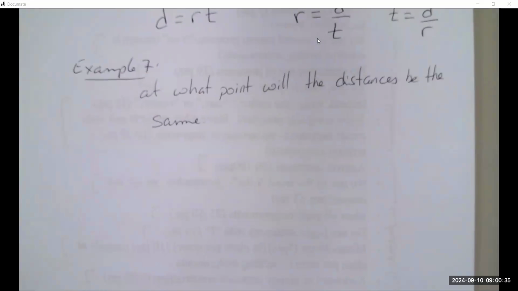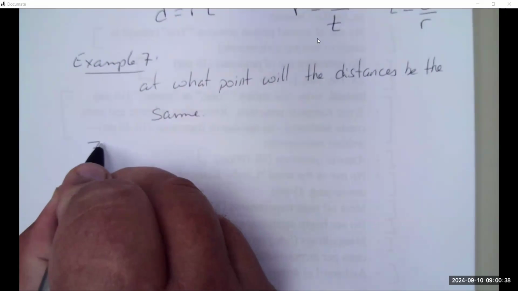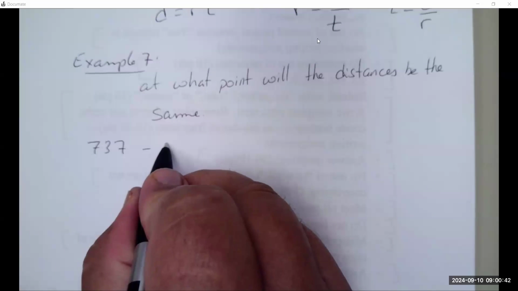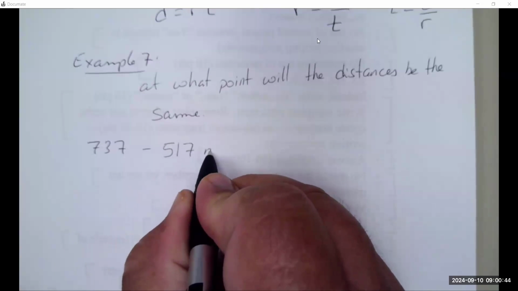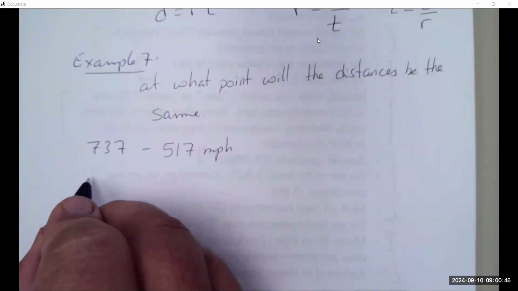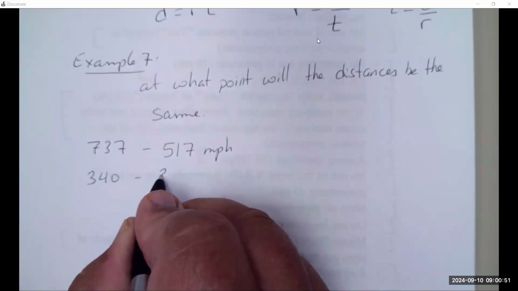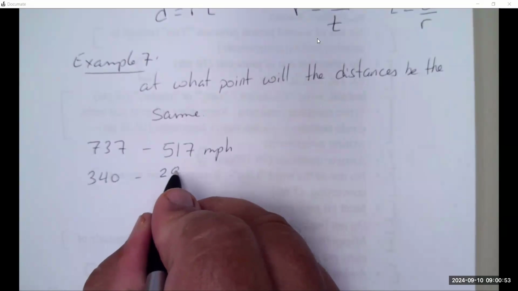So the 737 has a cruising speed of 517 miles per hour, and the Saab 340 has 290 miles per hour.